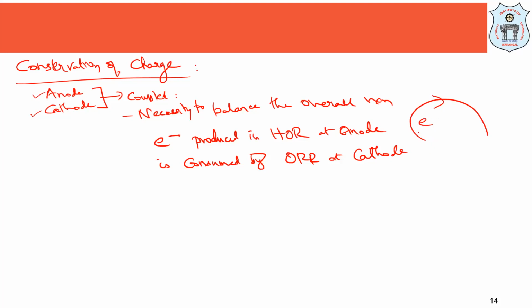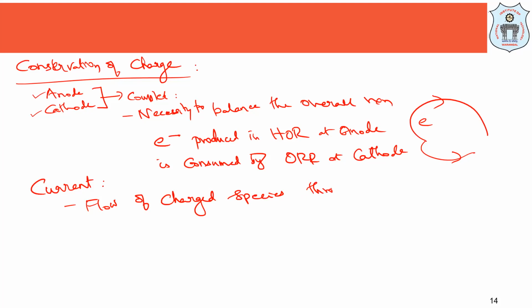Remember, the electron flows in this direction, which means the current is in the opposite direction to the electron transfer. What about current? We know that current is the flow of charged species through the electrolyte.